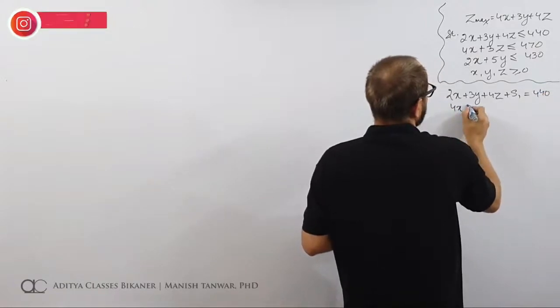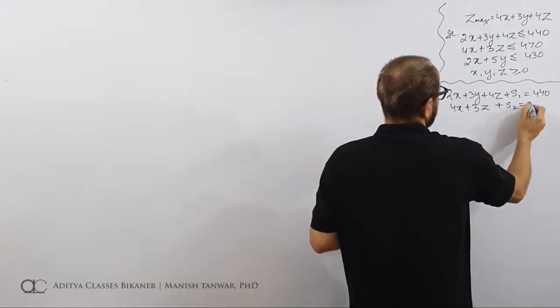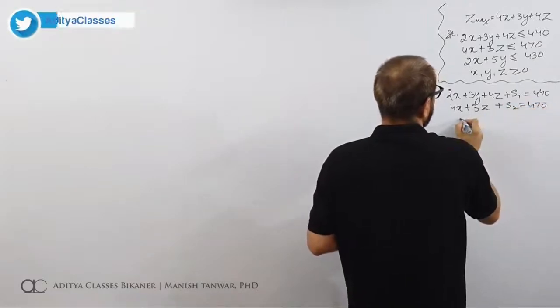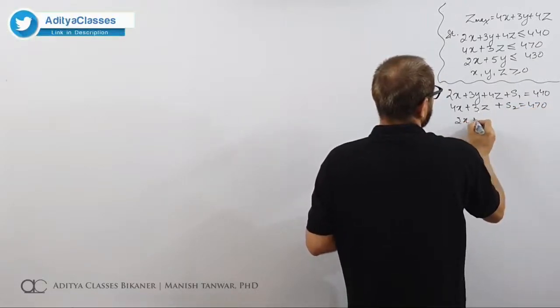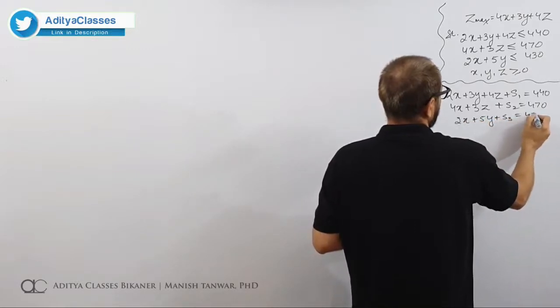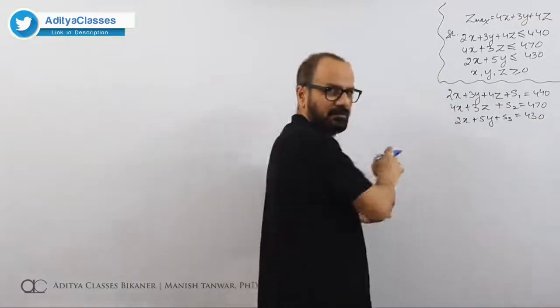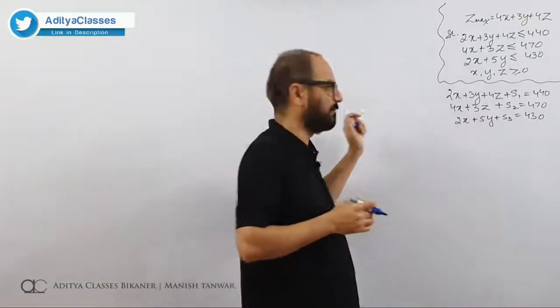Second becomes 4x plus 3z plus S2 is equal to 470. Then finally we have 2x plus 5y plus S3 is equal to 430. So, these are our inequalities converted into equalities.